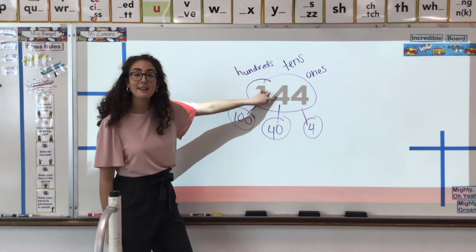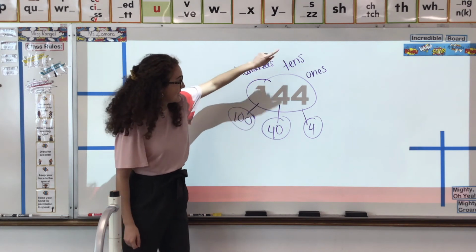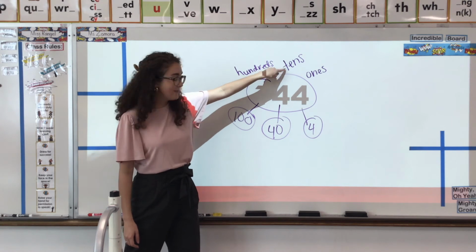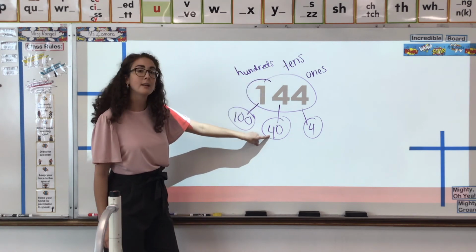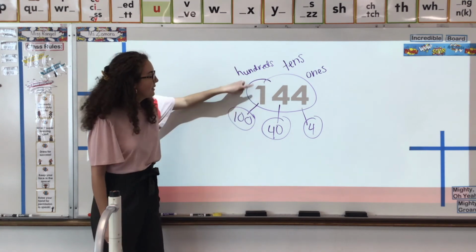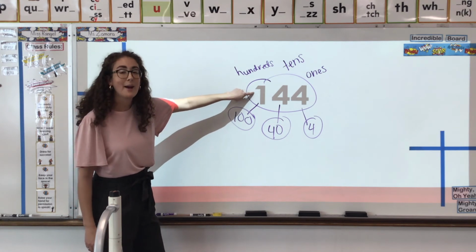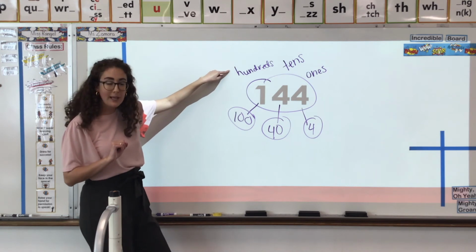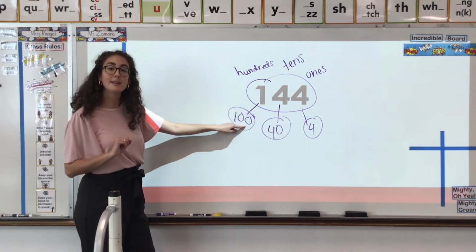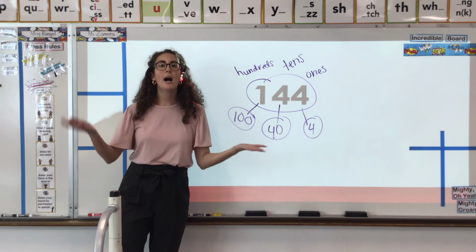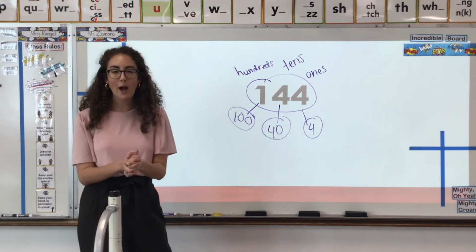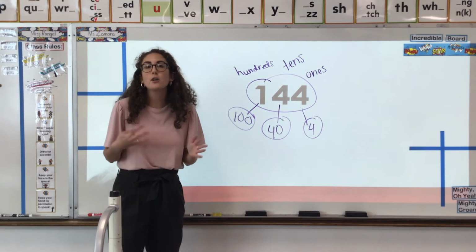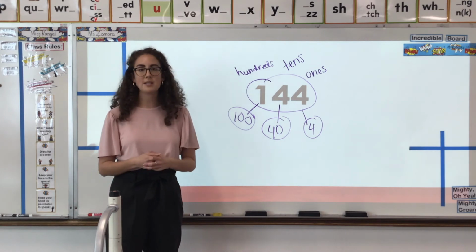The digit 4 is in the tens place, so its value is 40. The digit 1 is in the hundreds place, so the value is 100. Awesome job. We're just practicing one way how we can craft our sentence to talk about this number.